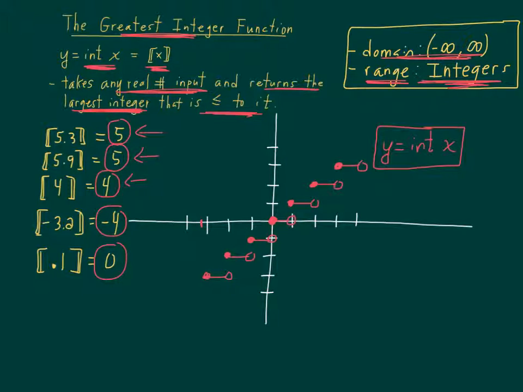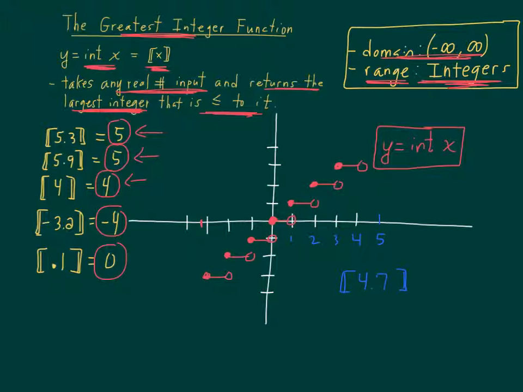So, for example, if we wanted to figure out something, let's look here. This is 1, 2, 3, and 4. If we want to try to figure out what 4.7 would be, let me go out one more here to 5. Oops, I didn't make my graph big enough.